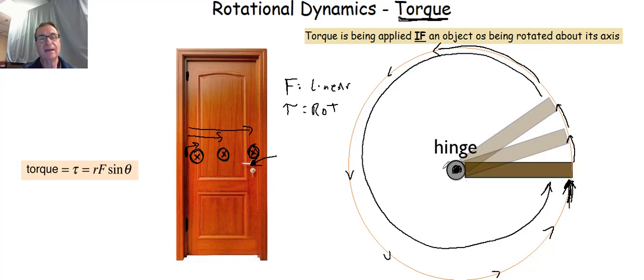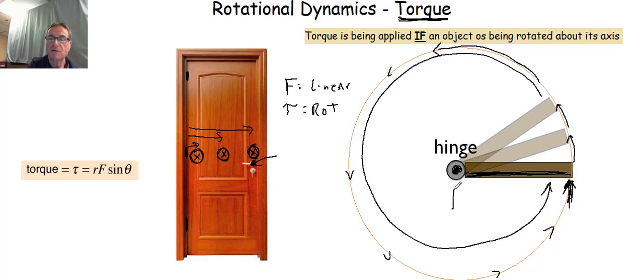In order to get the door, or any object, to move in a path like this, we have to apply a force, but we're going to apply the force at some distance from the center of rotation.